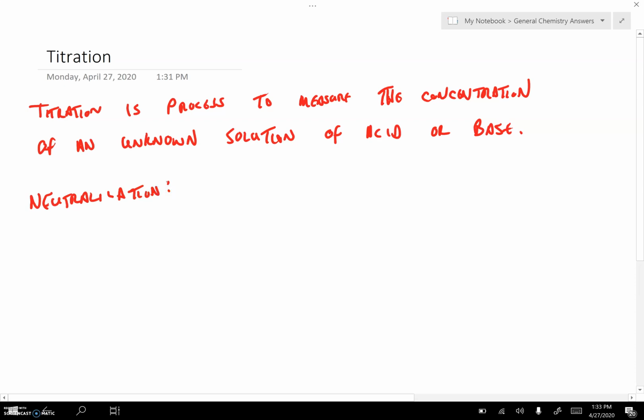If you recall, way back in chapter 14, we said that neutralization takes place when you react an acid with a base. And the products are a salt and H2O. None of these are acidic or basic in the products. That means it's been neutralized.